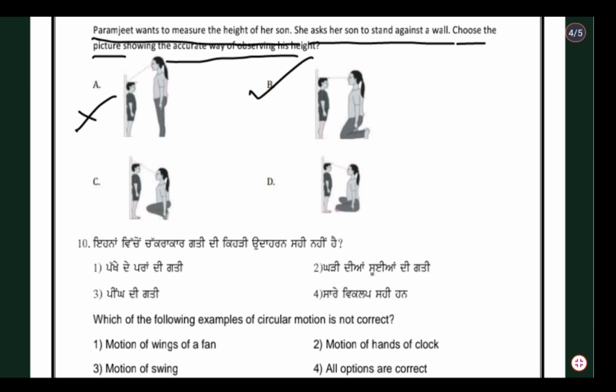So let's move on to question number 10. Which of the following examples of circular motion is not correct? Motion of blades of the fan, motion of hands of the clock, motion of a swing. So motion of the swing is not a circular motion, it's a to and fro motion, right? So option number 3 is your right choice.